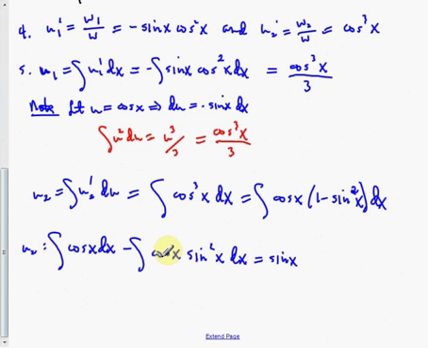Du picks up cosine x dx, so that the integral of u squared becomes u to the third divided by 3. So here, this is minus sine cube x all over 3. Did you see that? Just let u equal one of those sine x's, and you pick up what you need.